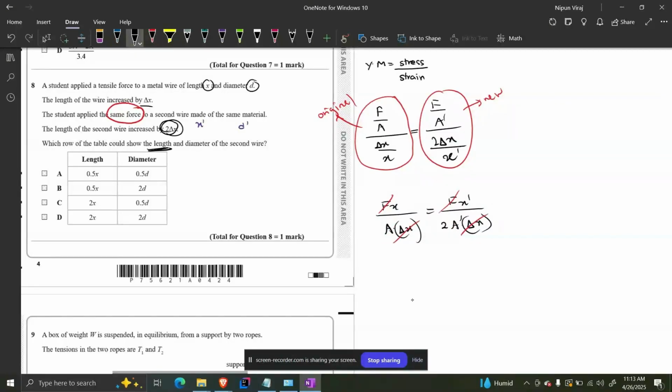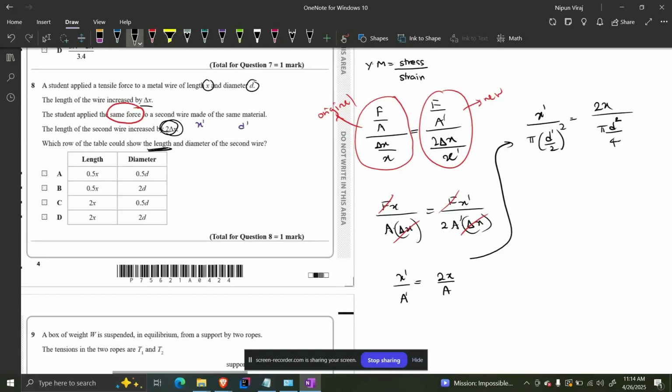So we get an equation saying that in the new wire, the ratio x dash over a dash should be equal to 2 times x over a. So in the new wire, what is the area? Pi d dash by 2 squared equals, and in the old wire, what is the area? Pi d squared by 4, right? If you take d over 2 whole thing squared, it is d squared by 4.